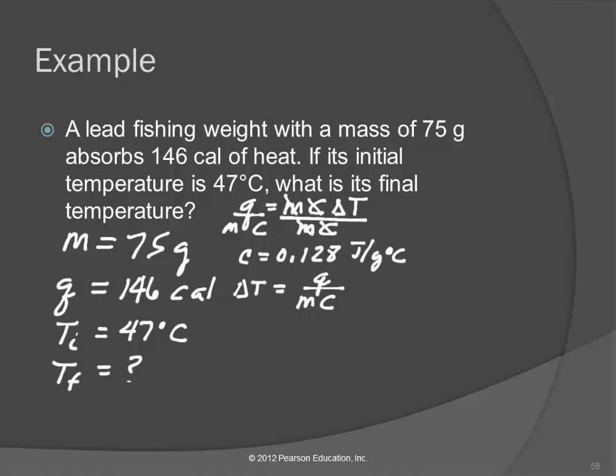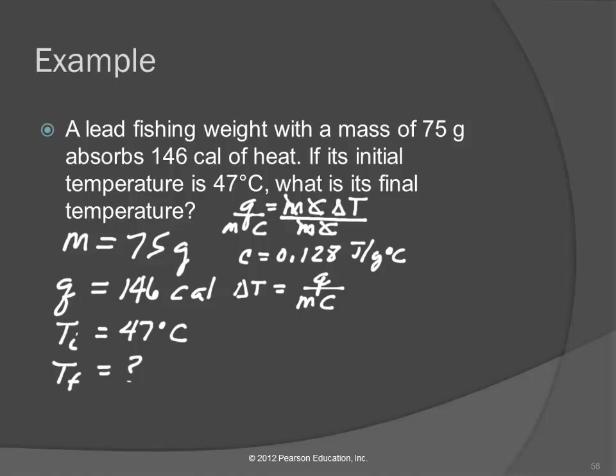Now, does anybody anticipate a unit issue here? So we have calories and we have joules, and those aren't going to cancel out. So this is going to become just a giant mess.